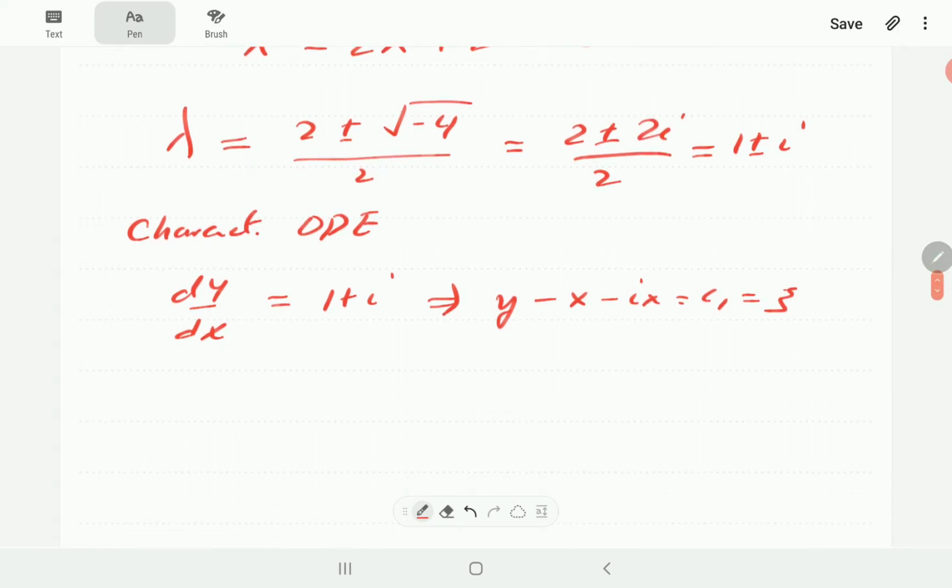So that is going to be our xi canonical coordinate. And then the second one, dy/dx equals 1 minus i. So when we integrate this one, we're going to find y minus x plus ix. So that's going to be eta.